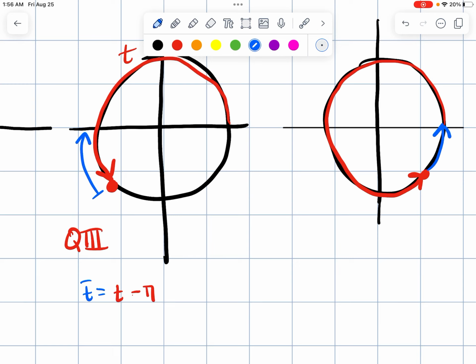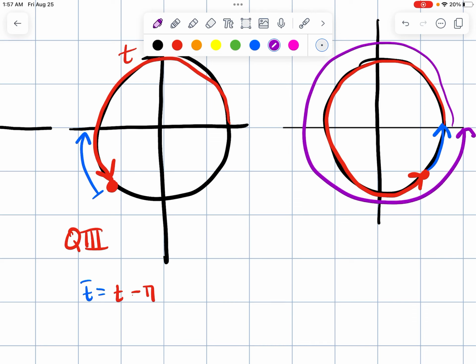So in reality, we're thinking about this. We want a full circle around. That's 2 pi. But we actually want to cut out the red. If we cut out the red, that would give us blue, right? Take the purple, that's just 2 pi. Cut out the red, which is whatever the t value is, and that will give us blue, okay?